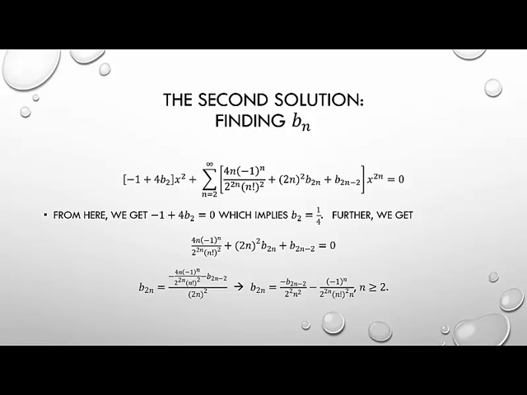So here's our leftover, and we want this to equal 0, so that's going to imply that b sub 2 is equal to 1/4. Meanwhile, we have this big mess over here that is going to help define a recurrence relation for our b sub even numbers.